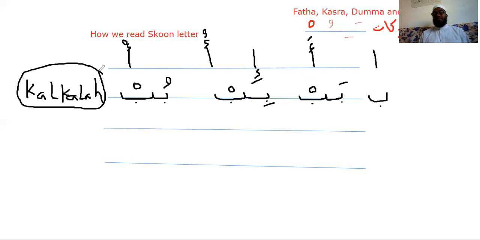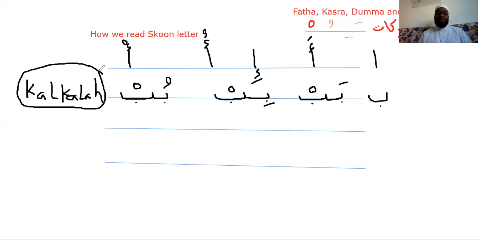Because we are preparing this for our recitation of the Quran, whenever ba has sukun, you pronounce it with qalqala, like this: bab, bib, bub.